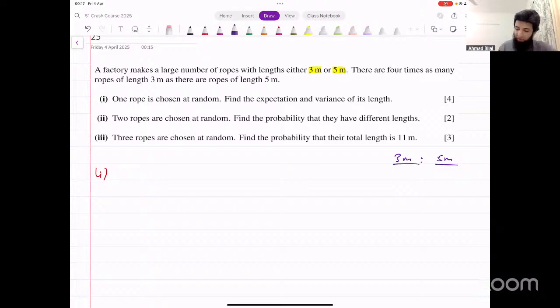Okay, so if this is 4, then this is 1. That's the ratio. So if you were to choose one rope randomly, probability of it being a 3-meter rope, what would that be? That would be 4 over 5, right? The total is 5. 4 out of 5 are 3-meter ropes, and 1 out of 5 are 5-meter ropes. These are the probabilities for both types.